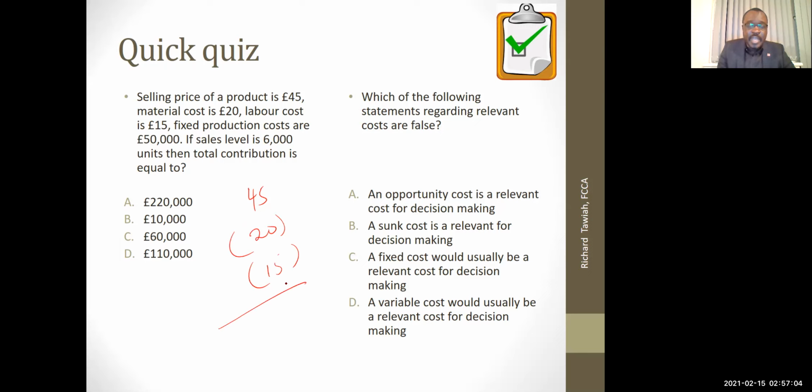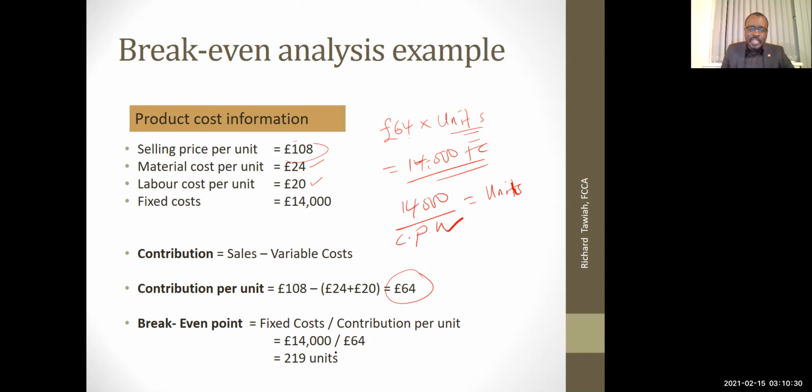If you know the number of units, you multiply by this, and it will give you exactly 14,000 to clear the fixed cost. That's why the formula is 14,000, the fixed cost, divided by contribution per unit, and it gives you the units you need to sell. So you end up with 219. Multiply the 219 by 64, and you get exactly 14,000. That's so easy, very easy.